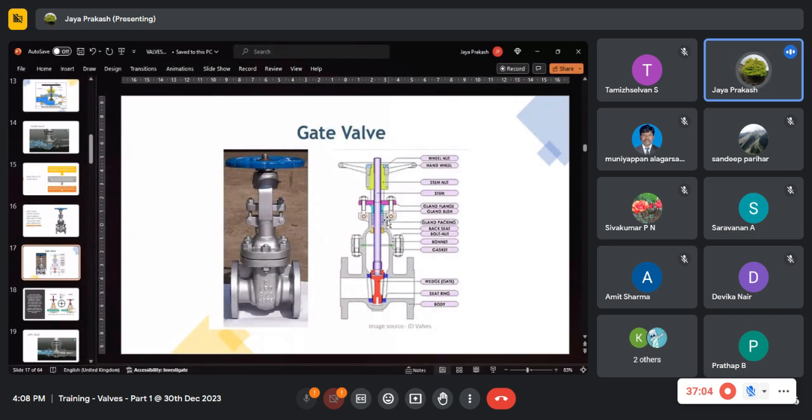Only the inner construction is different from the globe valve. Here you can see the flow will be uniform. There won't be any loss of pressure because of this construction. So when loss of pressure is not acceptable, then they will go for a gate valve.